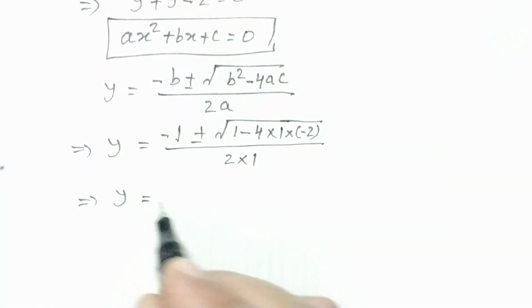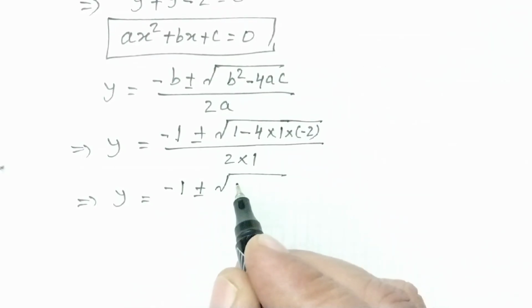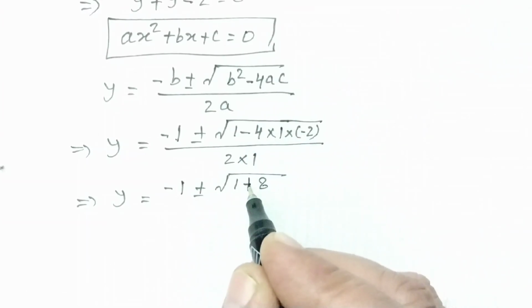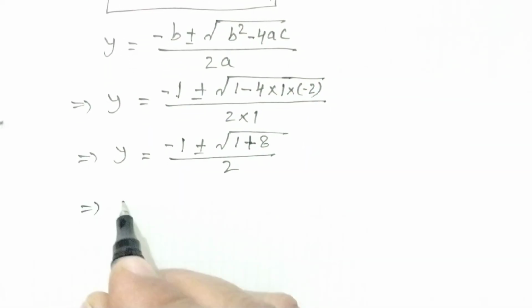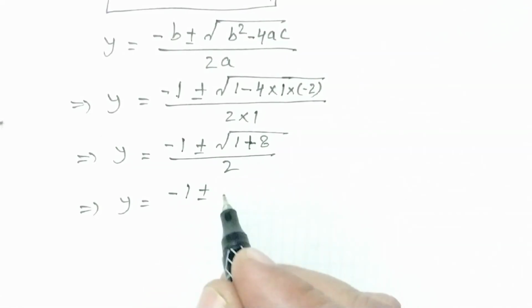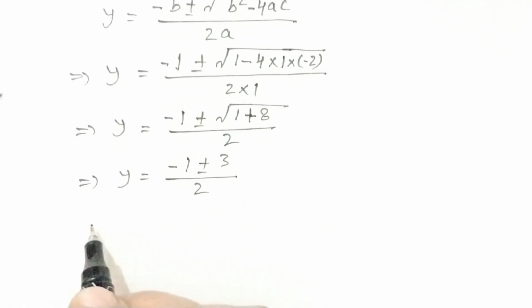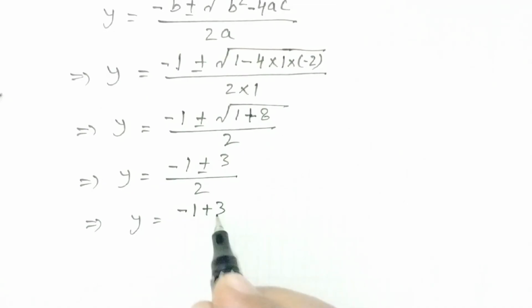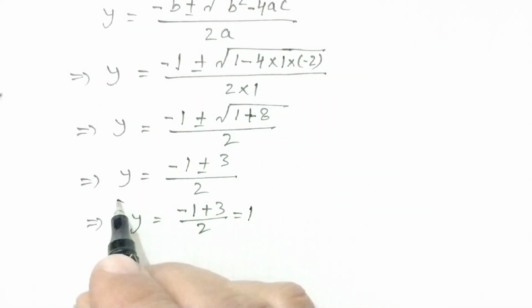So y is equal to minus 1 plus minus square root of 1 plus 8 over 2, right? So y is equal to minus 1 plus minus 3 over 2, right? So y is equal to minus 1 plus 3 over 2. If we take positive sign, it is equal to 1.